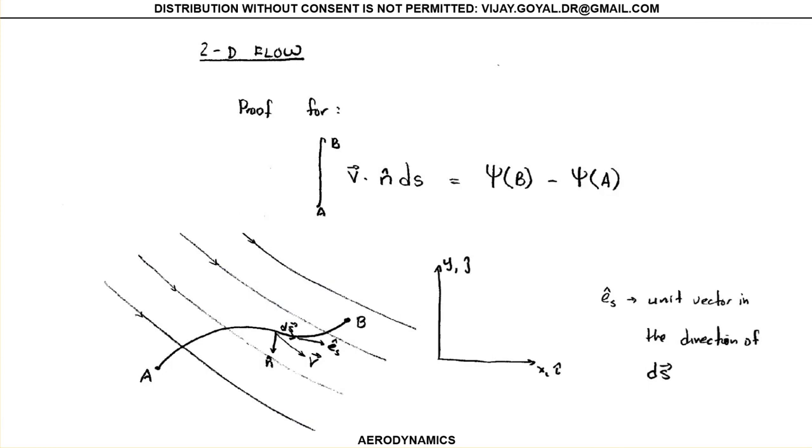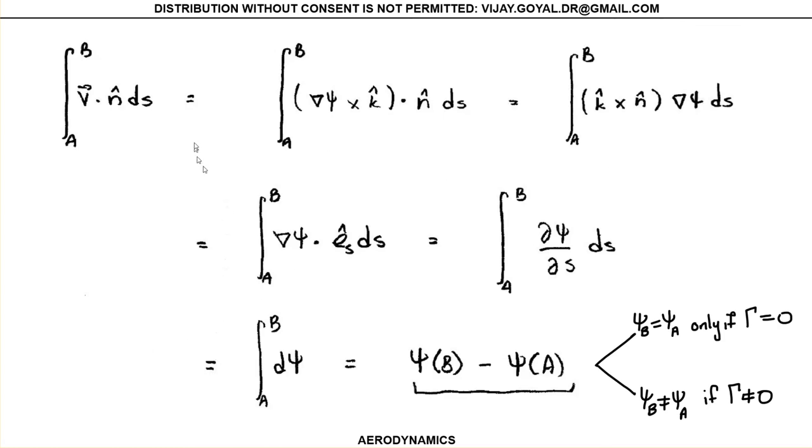So, two-dimensional flows, how they work. This is the proof. I want to at least show you where it comes from. Here es is going to be in this direction, and this is where V comes from.